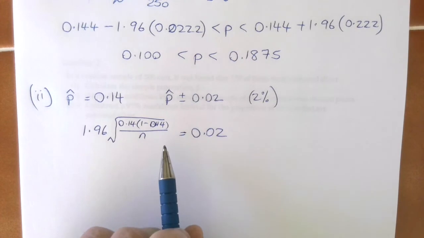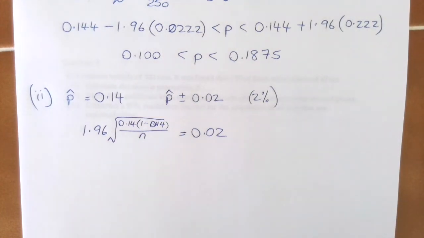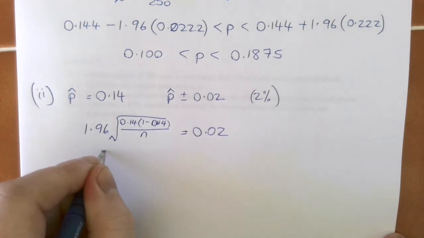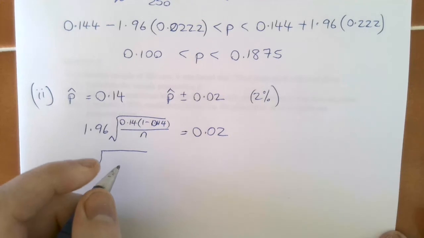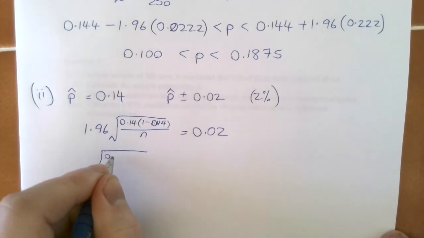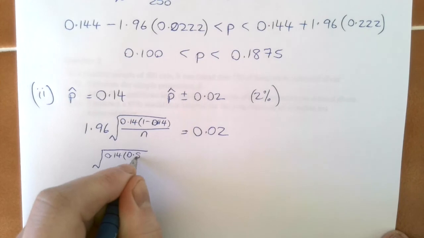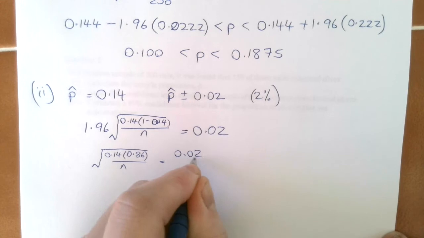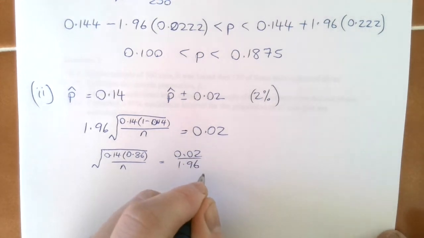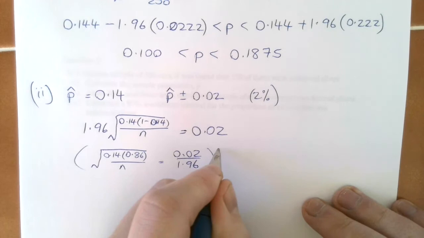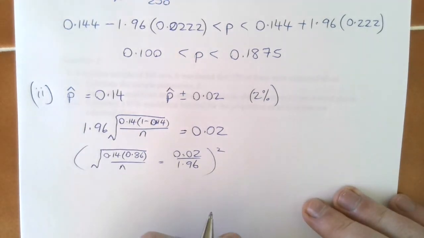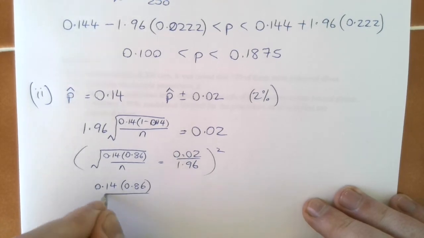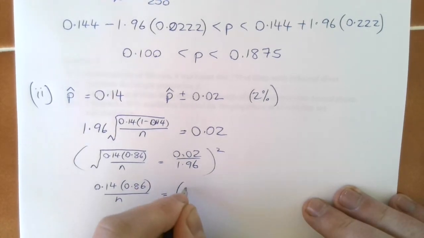So what we're going to do then is try to solve this for n. The first thing we're going to do is divide by 1.96 on both sides. So it's the square root of 0.14 by 0.86 over n, and that is equal to 0.02 divided by 1.96. Then we need to square both sides to get rid of the square root. So then it's 0.14 by 0.86 over n, and that is equal to all of this squared.